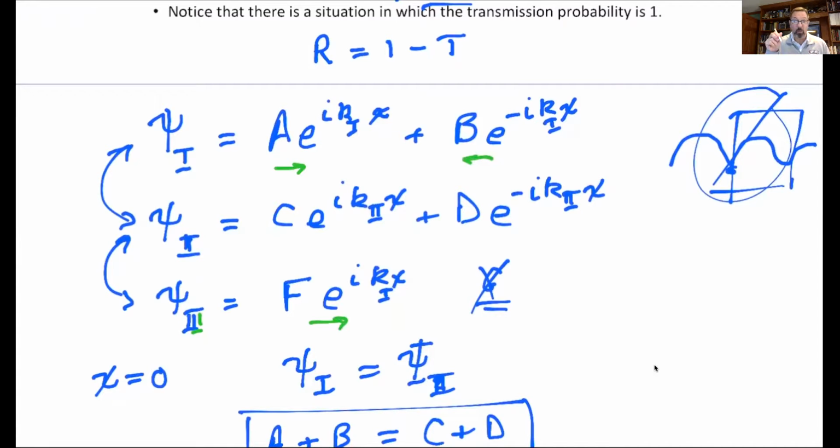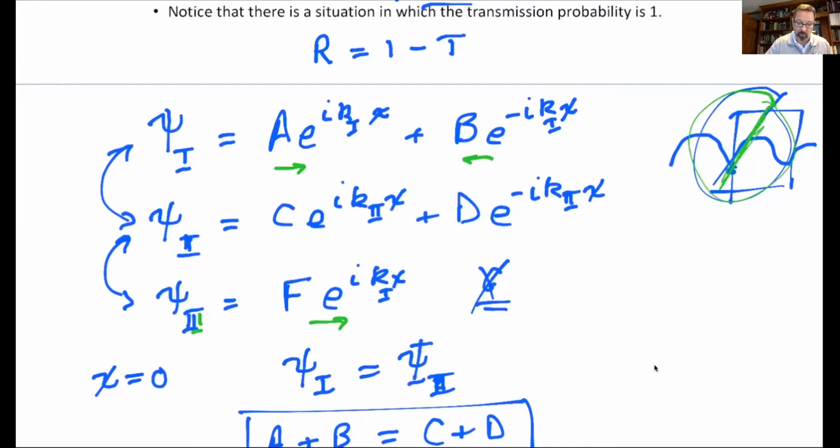We evaluated these wave functions with an eye towards the boundary conditions, that at the edges of our barrier, the wave function and the first derivative of the wave function, basically the slope of the wave function, had to match. We said the slopes couldn't be discontinuous, right? Not allowed.